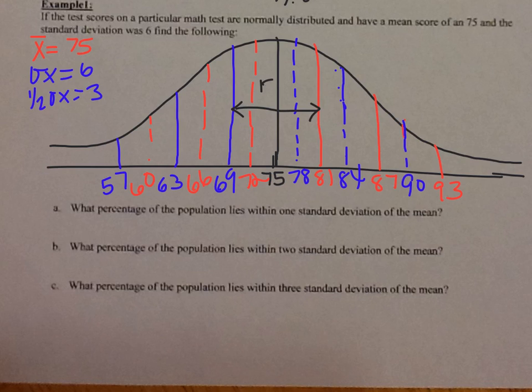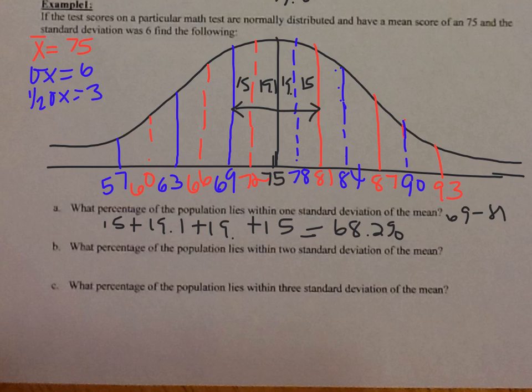So what I do is I take 19.1, 19.1, 15, and 15, and I add them up. So that is 15 plus 19.1 plus 19.1 plus 15. And that is 68.2%. So 68.2% of the scores lie between 69 and 81.